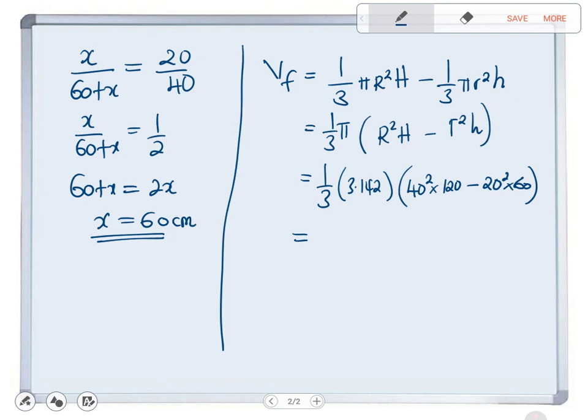Let's do that. Okay, so the volume of the frustum, if I punched properly, is giving me 175,952.2 cubic centimeters.